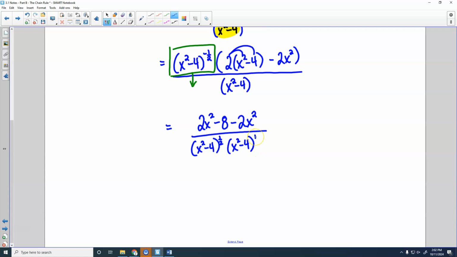The 1's unnecessary, but I'm going to put it there so we can think about adding those exponents together. And here our 2x squared and our negative 2x squared will just cancel each other out. We will get negative 8.